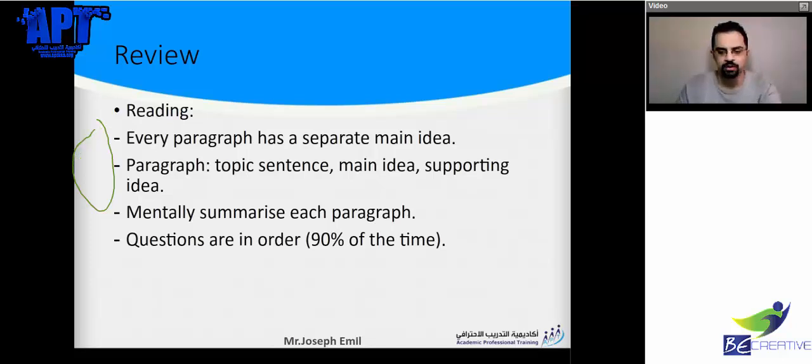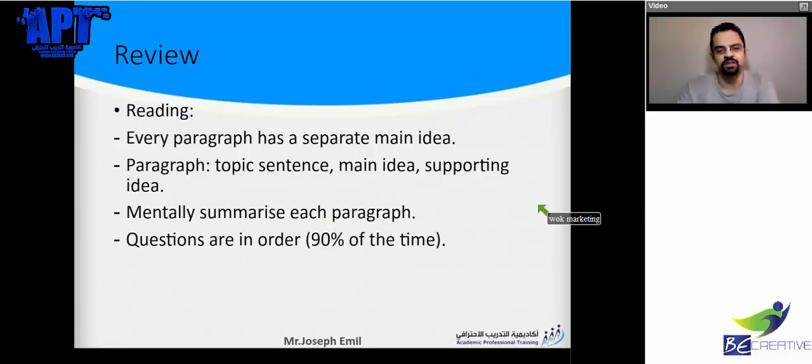Try your best to put some sort of sentence to explain the paragraph around here. Okay, so that's how you mentally summarize every paragraph. Try to replace every paragraph with a sentence that says what it's talking about. Usually, if you just underline the main idea, it will be just as good.